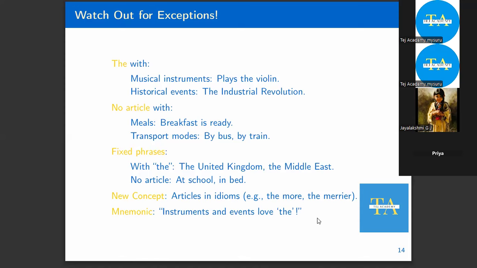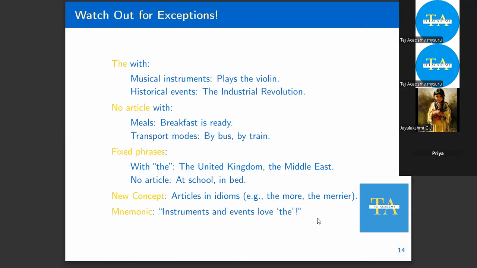While speaking about transport modes, bus, train, or aeroplane, there's no necessity of using an article. There will be a few more cases in which no article is needed, but these are all the things that we so far know.